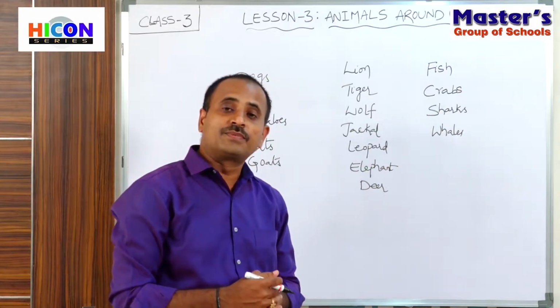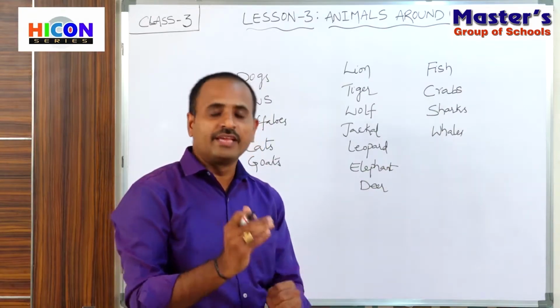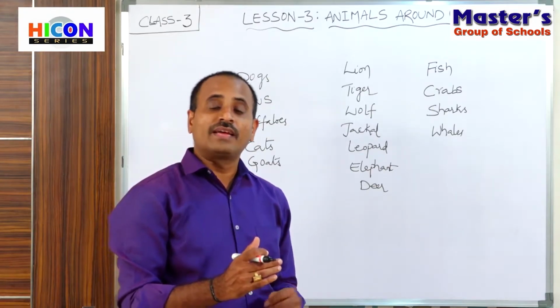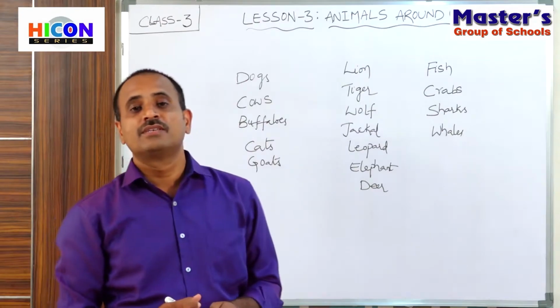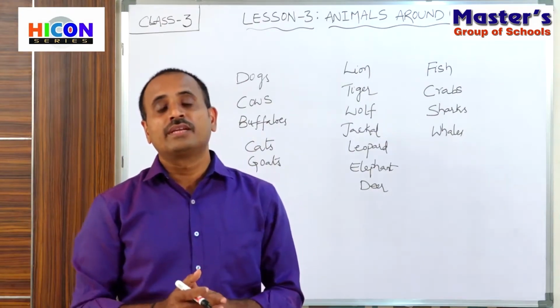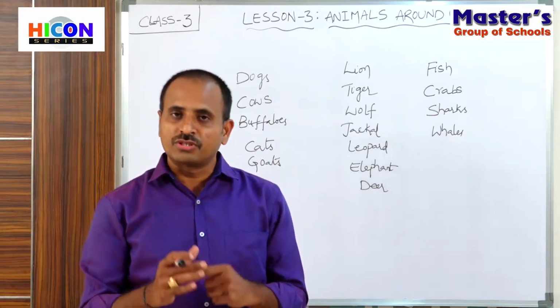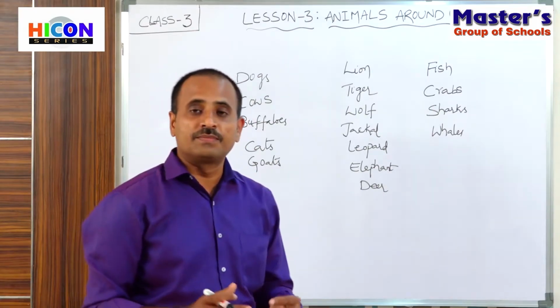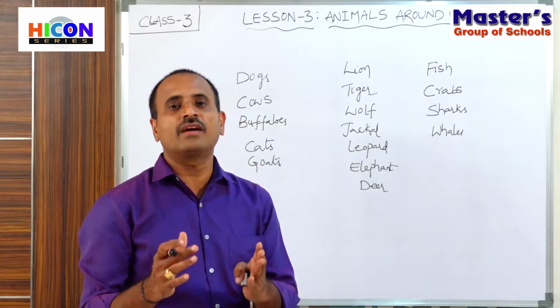And we will also observe some animals in air. That means some animals flying in the air. What are the examples of those animals which we can observe in air? Most of the birds. So we will observe all the birds flying in the air.